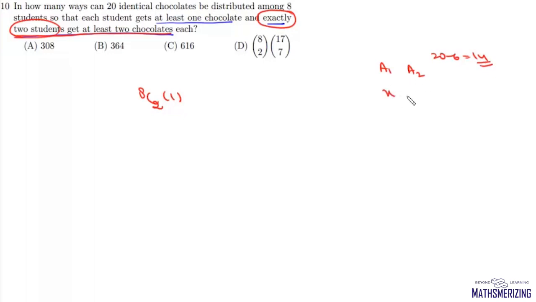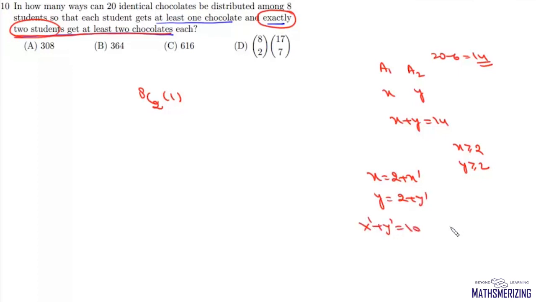Suppose A1 gets X chocolates and A2 gets Y chocolates, then X plus Y should be 14, where X is greater than or equal to 2 and Y is also greater than or equal to 2. Now we'll replace X with 2 plus X' and Y with 2 plus Y'. We can write this equation as X' plus Y' equals 10, where X' and Y' are greater than or equal to 0.